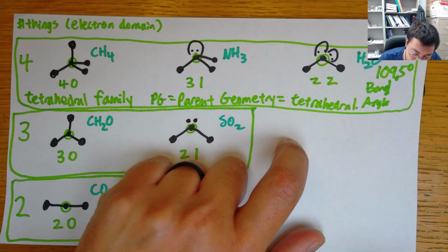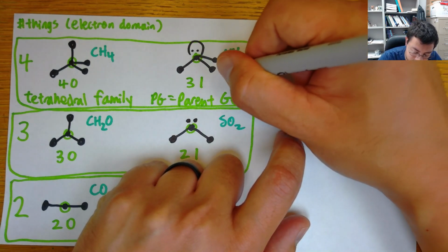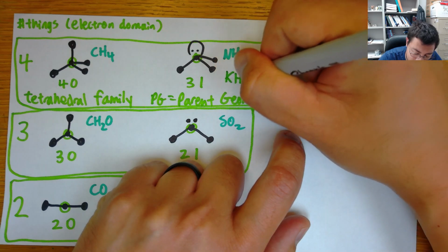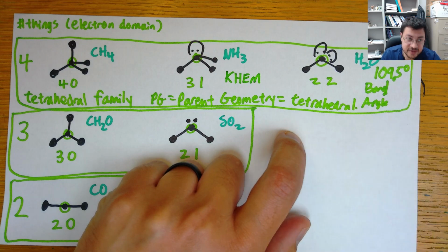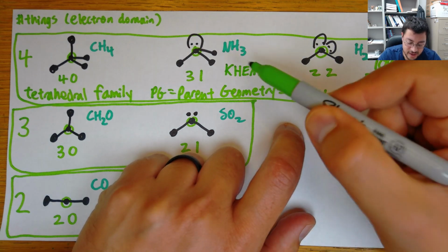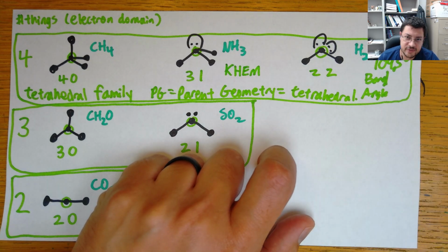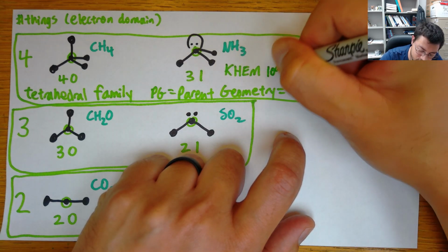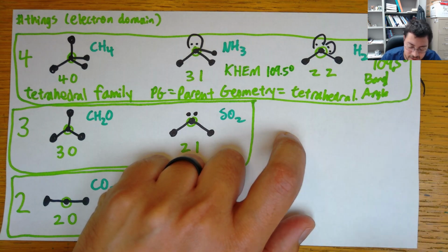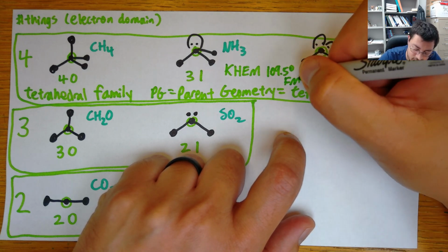This number I find so important that I often joke that if I had my own radio station, it'd be KHEM. Here in the United States, if you're west of the Mississippi River, you get a K in front of your TV or radio station. If you're east of the Mississippi River, you get a W. So KHEM for chem, that'd be 109.5 degrees, or we could be FM, whatever.